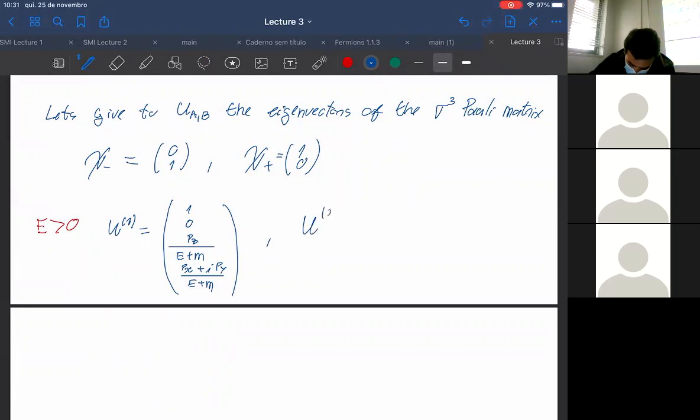And here we're going to have px plus i py over E plus m. This is something you can do simply by expanding this sigma dot p. I'm doing this slowly so that you can follow all the steps, because there are a few steps here. Now we write the second spinor, the opposite spin, 0, 1. And now here it's with minus: px minus i py over E plus m, and pz with a minus sign as well, so minus pz over E plus m.